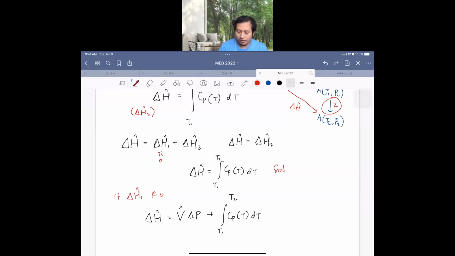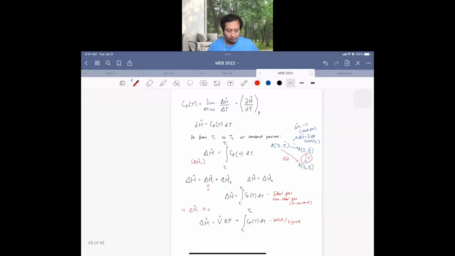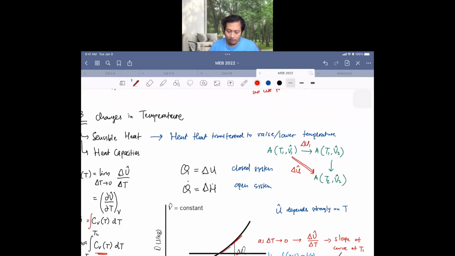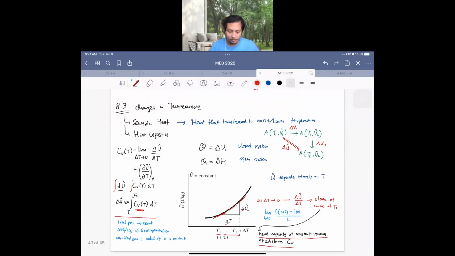This will be for a solid or liquid, or non-ideal gas, for P constant. The previous one should also be taken the same way: this is delta U1, delta U2. It's actually a similar approach.